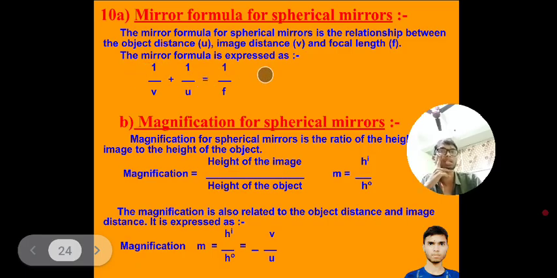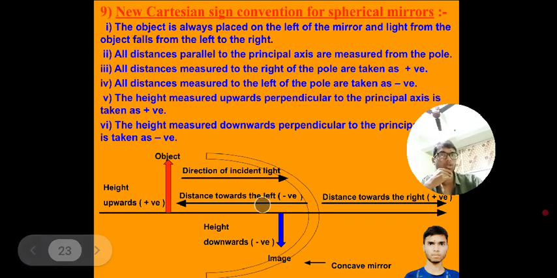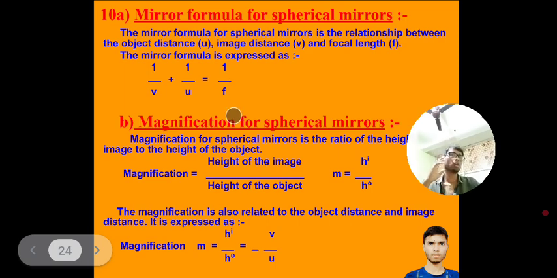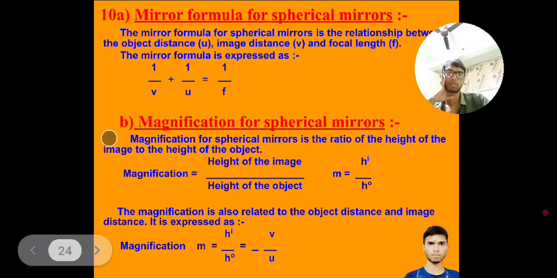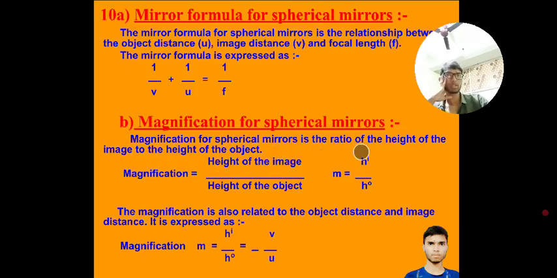The mirror formula is expressed as 1 upon v plus 1 upon u equals 1 upon f. This is just a formula. We will apply this formula on numericals.